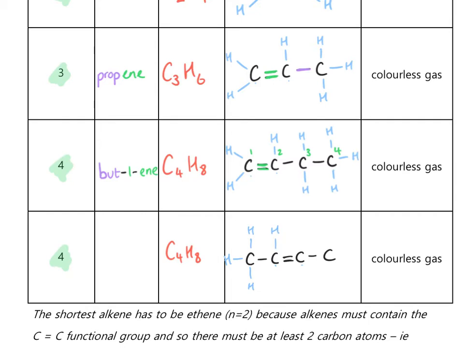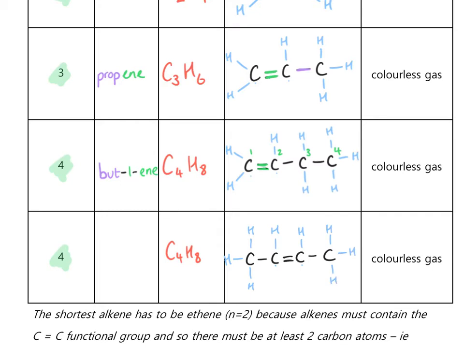The third carbon in the chain also has 3 bonds presently, 2 to the left and 1 to the right. And so we need just 1 more. And then our final carbon in the chain just has 1 bond at the minute, so it needs 3 more, and we put hydrogens at the end of each of those.